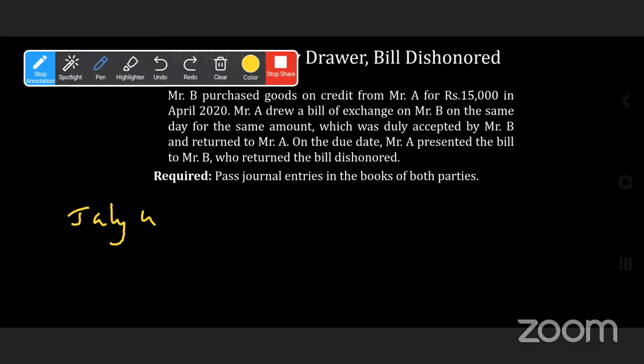The first option is when the drawer retains the bill till the due date, and on the due date it may be met or dishonored. So you have seen the two options.